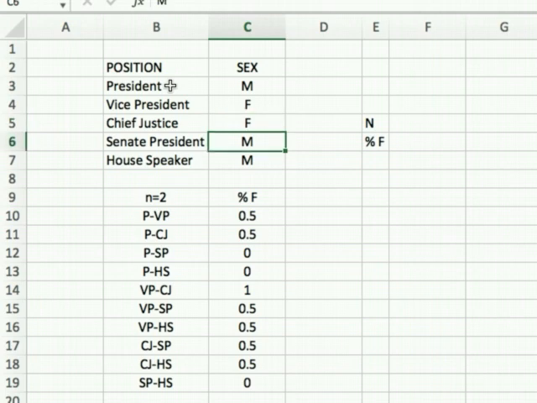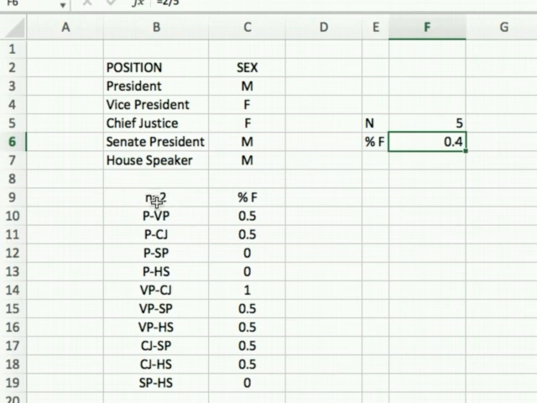So the population is composed of 5 elements, so capital N is equal to 5, and among the 5 elements here, 2 of them are females. So to compute for the proportion of females, that's just 2 out of 5, or 40%. So 40% will serve as the value of pi, and 5 is equal to N. Now to construct the sampling distribution of the sample proportion, let's consider a sample size of 2.